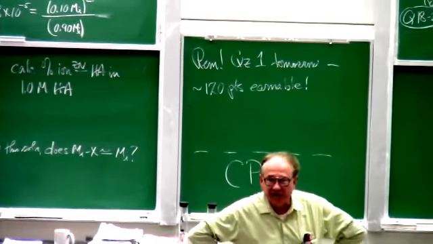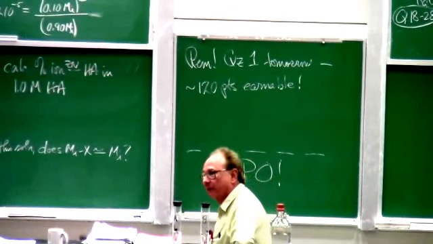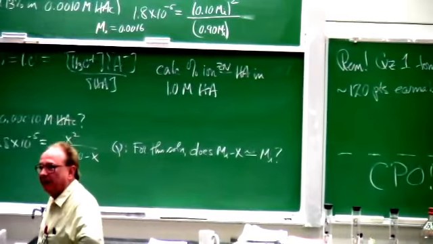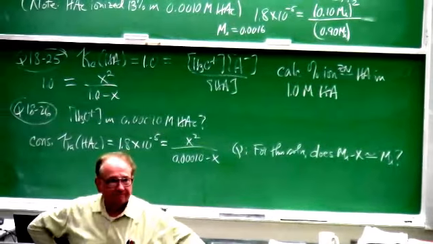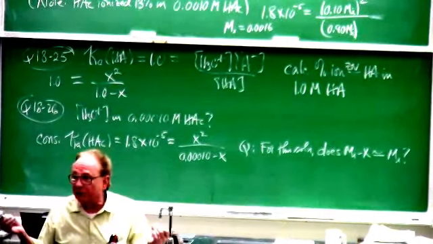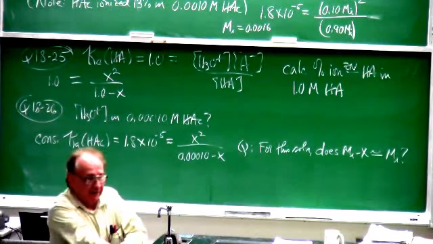So the method I advocate, which is described in the notes, and if you've read the notes, you know what I'm talking about, is to solve these things by speculation on percent ionization. Because we know the percent ionization is somewhere between 0 and 100%. Nothing brilliant about that statement.